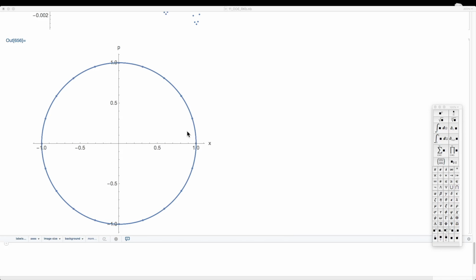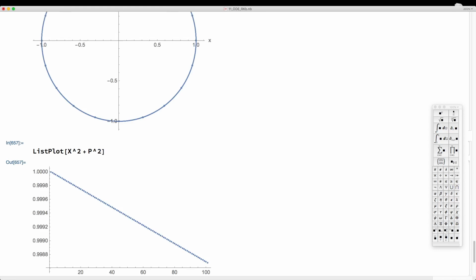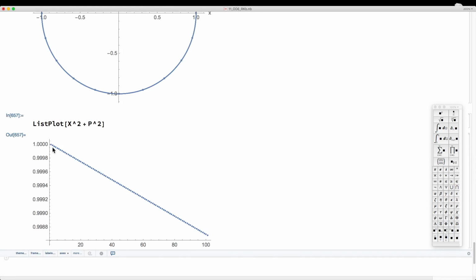So the energy coincides with the radius of this circle. It's proportional to p squared plus x squared, which is the radius of this circle. So we can actually do a list plot of, let's start simply with x squared plus p squared, and we see that although we start from 1, we start drifting away.